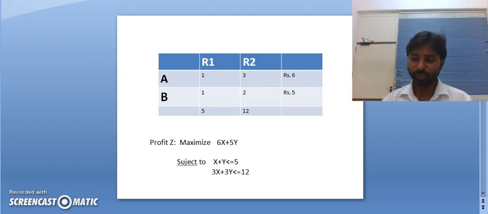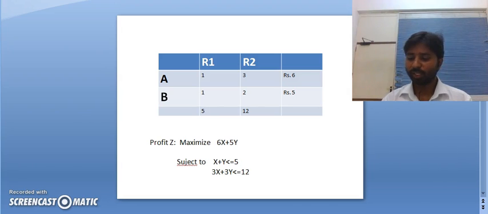If the manufacturer produces x units of A and y units of B, then the profit that the person makes, which we call Z, will be 6x plus 5y. Now the manufacturer would ideally like to produce as much of A and B as possible. But the availability of resources will restrict the amounts of A and B, that is x and y, that the manufacturer can produce.